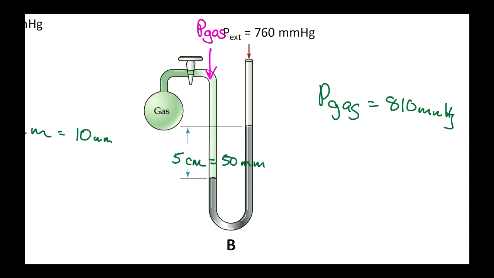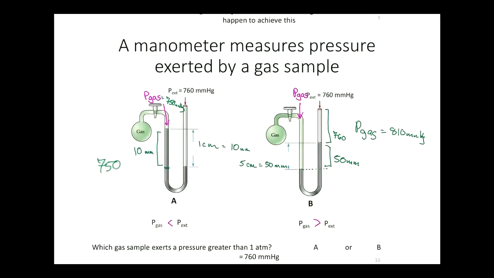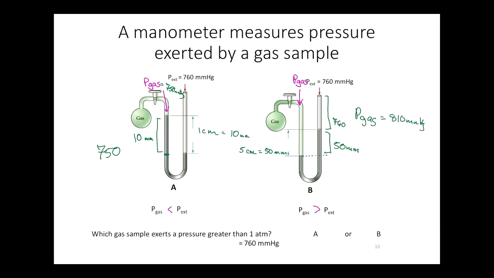The idea here is, remember, gases are trying to equalize their force. So there's pressure of the atmosphere coming down here, that's 760, we're adding an additional 50 millimeters, and that is equal to the pressure of the gas on the other side. If you think about it in terms of who's winning in this case, the answer here would be 810.